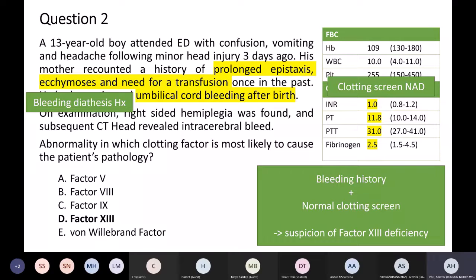They have a high propensity to bleed, but their clotting screen is pretty much okay, actually. There's not really anything abnormal there. They do, of course, have an anemia in their full blood count. So someone with a bleeding history but normal clotting screen, one of the top differentials is factor 13 deficiency.